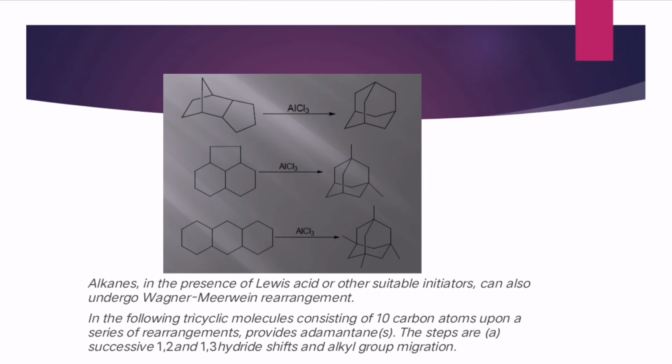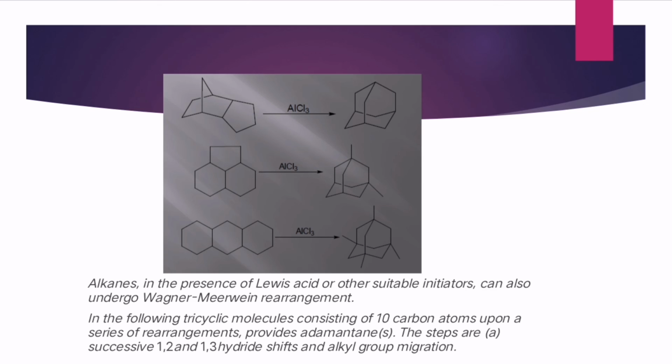An alkene in the presence of a Lewis acid and other suitable initiators can also undergo Wagner-Meerwein rearrangement. In the above tricyclic molecule consisting of 10 carbon atoms, upon a series of rearrangements, we get adamantane.